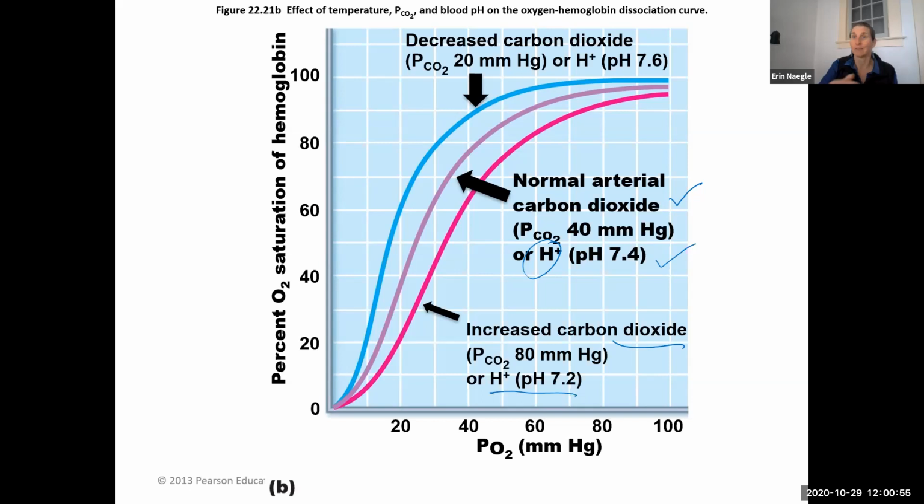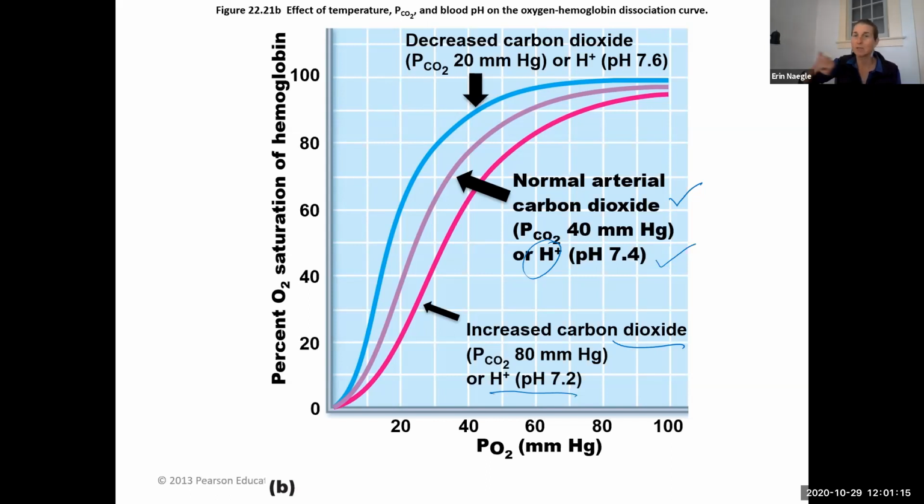And you'll remember way back in part 1, right? You add carbon dioxide to water, you get carbonic acid. That carbonic acid dissociates and the hydrogen ion gets released and the pH goes down. So as you exercise, you would expect to see higher levels of carbon dioxide and lower pH in the blood.